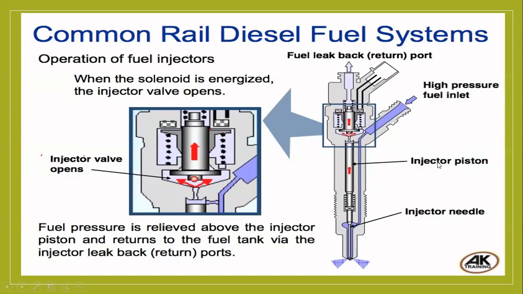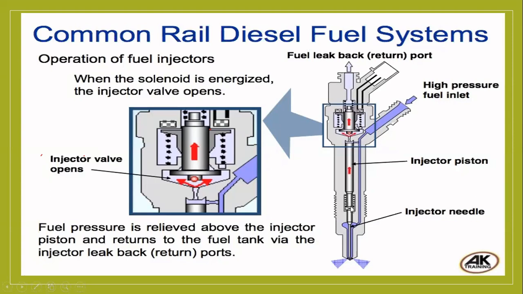Injector needle, injector piston, high pressure fuel inlet. The high pressure fuel comes in and gives pressure to push up this lever. The injection piston goes up, and there is a spring. You see this is a spring.